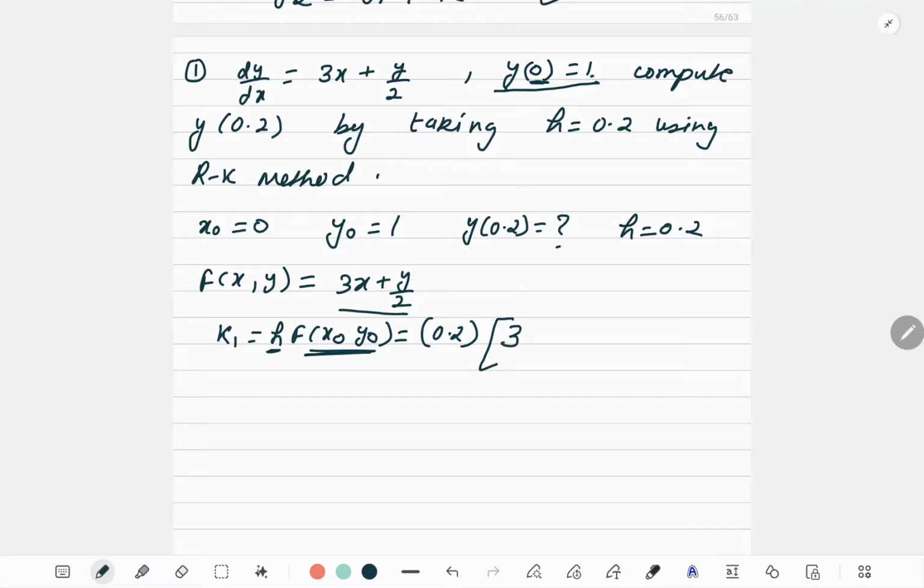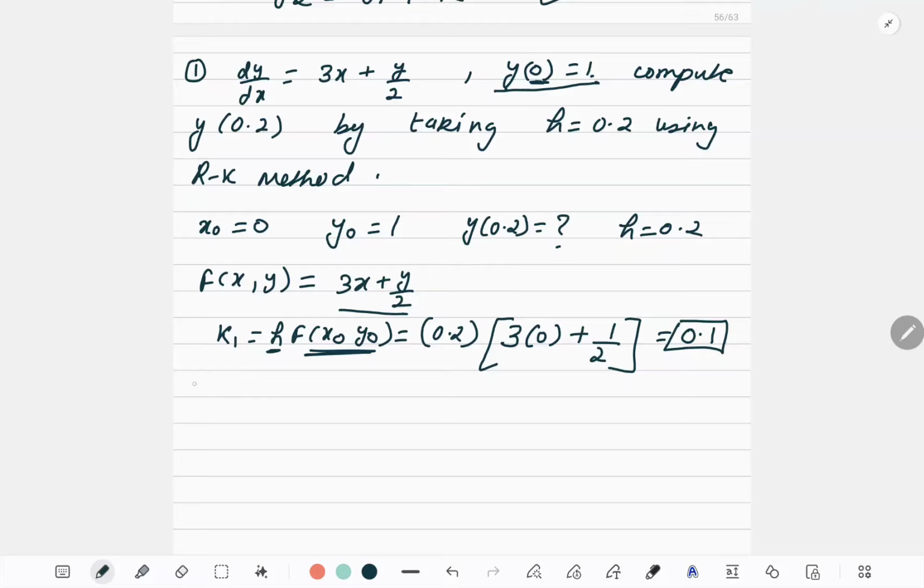So I'll have 3x0, and x0 here is 0, plus y0 by 2. What is y0 here? 1, so 1 by 2. So this is equal to 0.1. This is the value of k1.